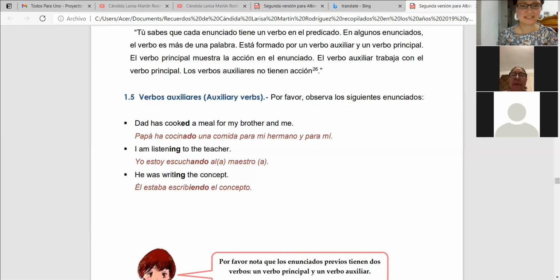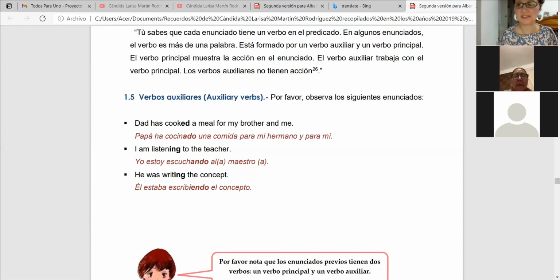Okay, let's start with the first one. Who can tell me which one is the main verb and which one is the auxiliary verb? I'm going to help you. The main verb is the one that tells us what the action is about.